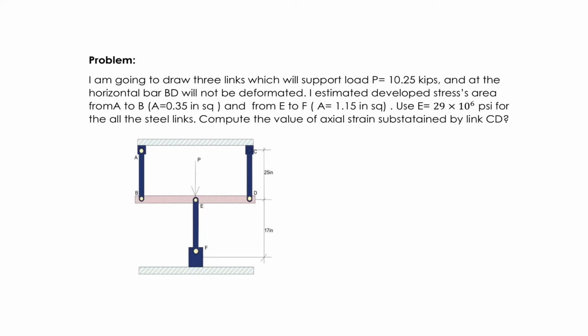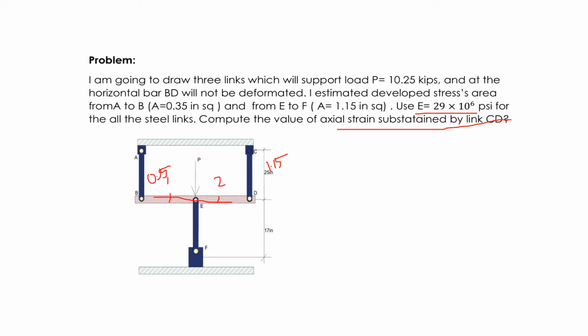The cross-sectional area of A to B is 0.35 inches squared, and from C to D is 1.15 inches squared. I'm going to use modulus E equal to 29 times 10 to the power 6 psi, pounds per inch squared, for all the steel links. What is required is the axial strain sustained by link C to D.